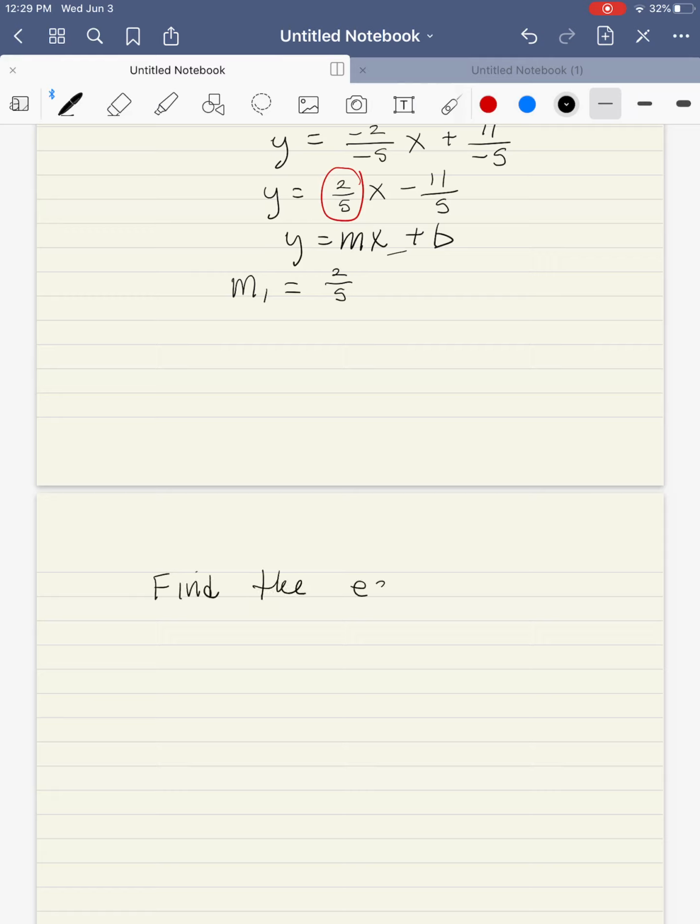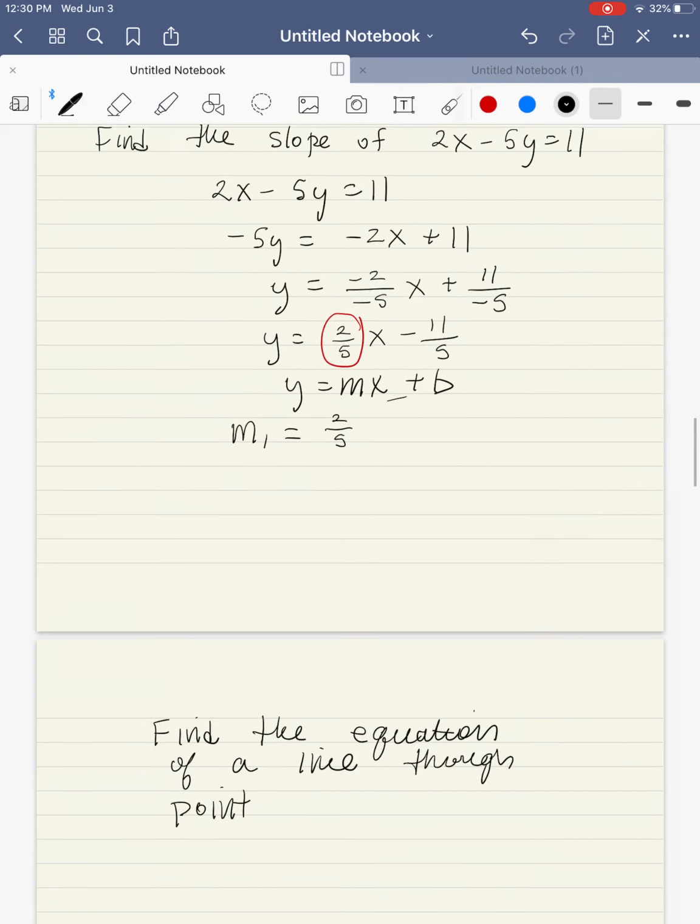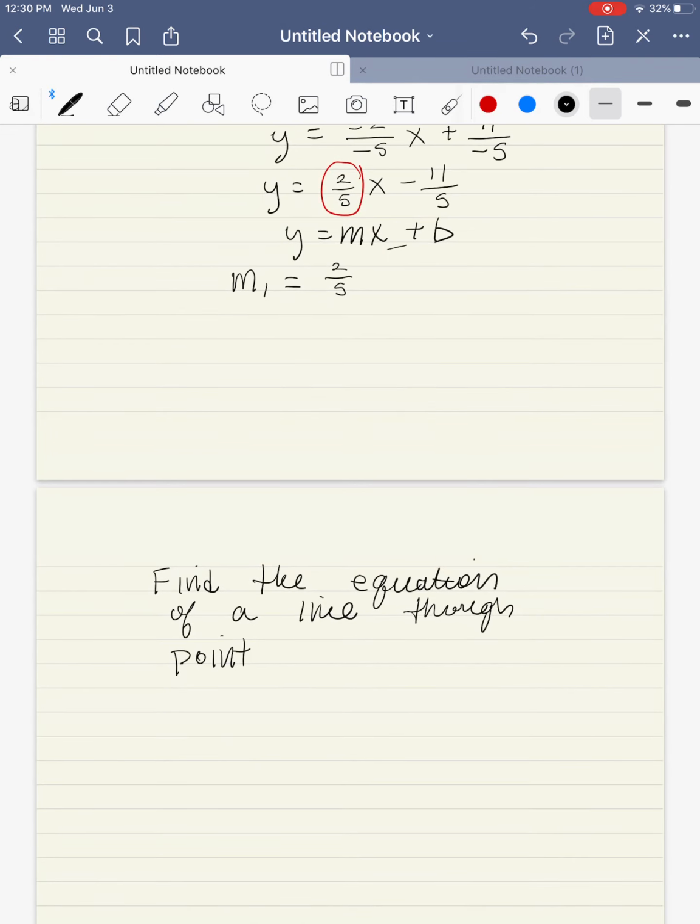So now what I'm doing is I'm finding the equation of a line through the point, including the point, -2, with slope 2/5. And we learned how to do that in a previous video.